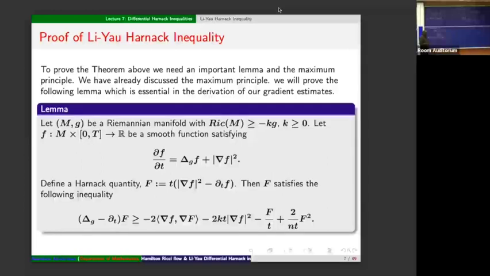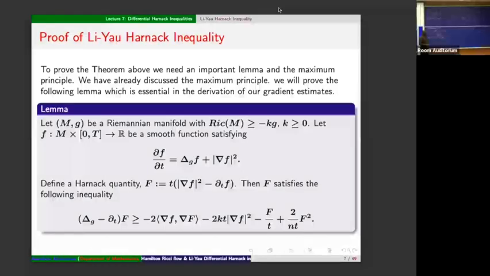Suppose you have a Riemannian manifold with Ricci curvature greater or equal to minus k g, where g is the Riemannian metric, the product of minus k and g, and k is greater or equal to 0.